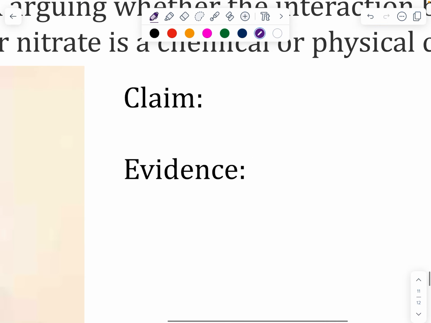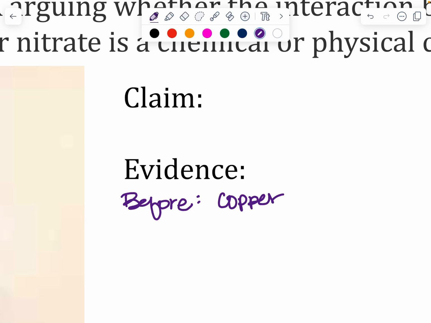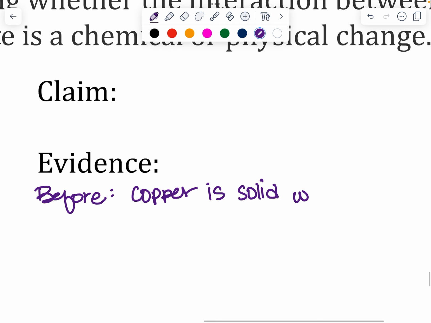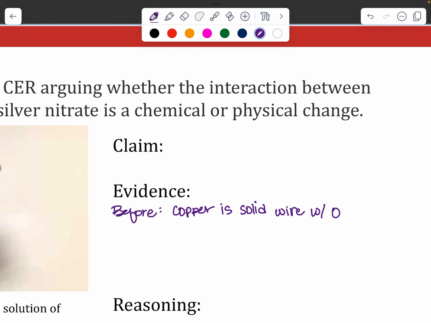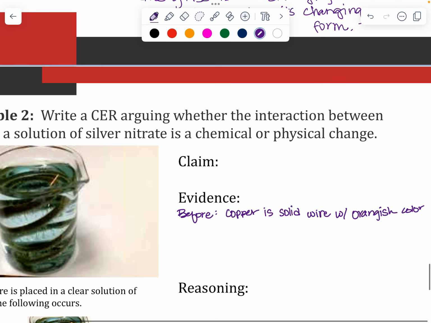So before, the copper is the solid. The copper is a solid wire with an orangish color. And then my silver nitrate, and up here this says a solution of silver nitrate, which means we have silver nitrate that's dissolved in water.